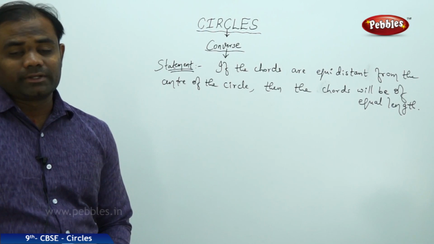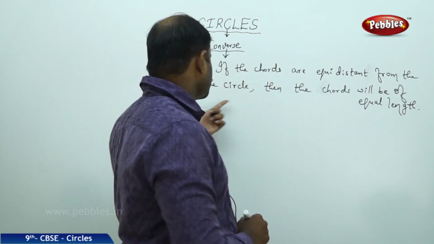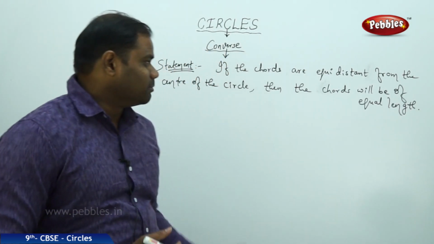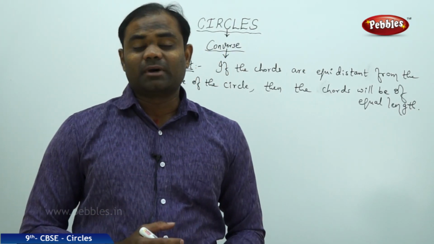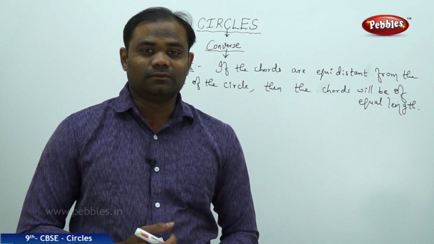This is how we understand the property. If the chords are equidistant from the center of the circle, then the chords will be of equal length. They must be of equal length. This is how we understand the converse.